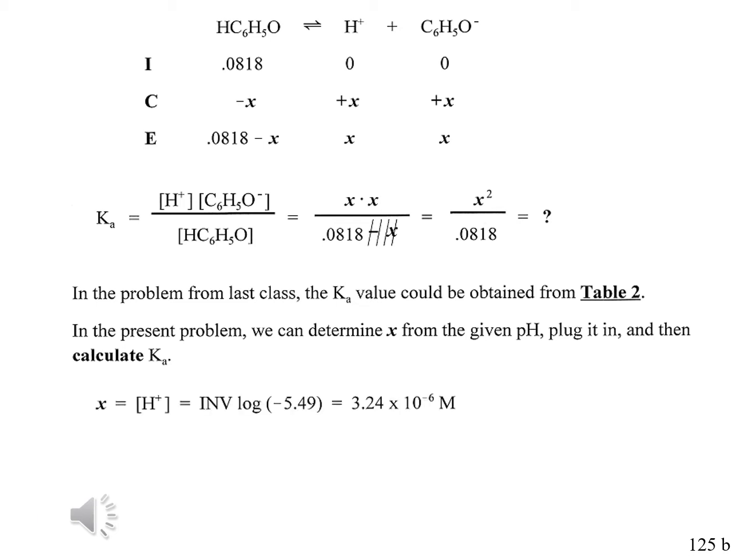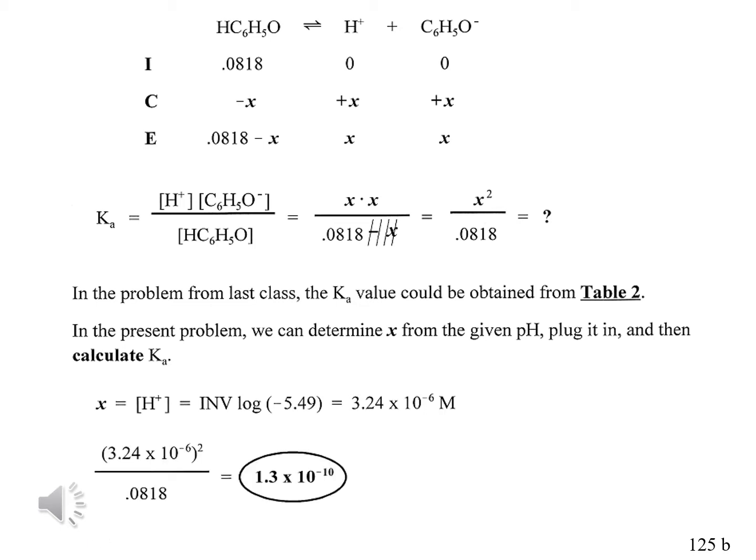So the first thing I did was take the inverse log of negative 5.49, which is the formula for converting pH to H plus. That is also x in this problem, so all I have to do to get the Ka is plug it in.